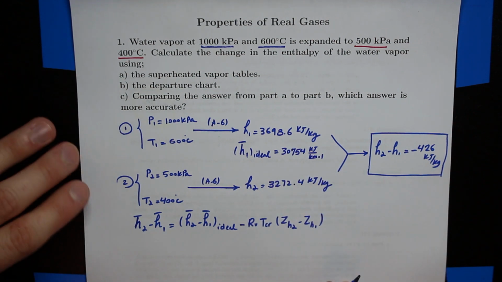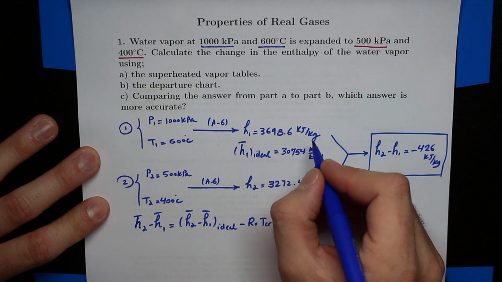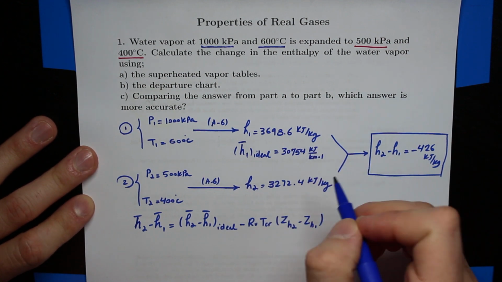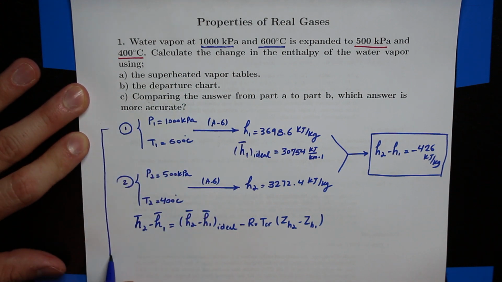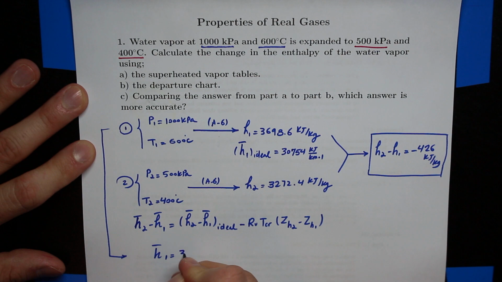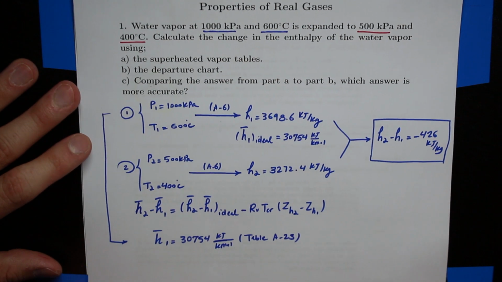Okay, so this is basically coming from table A23. Because I don't have that much space, I'm just continuing that here. So for state 1, H bar 1 is equal to 30754 kilojoule per kilomole, and this is coming from table A23.